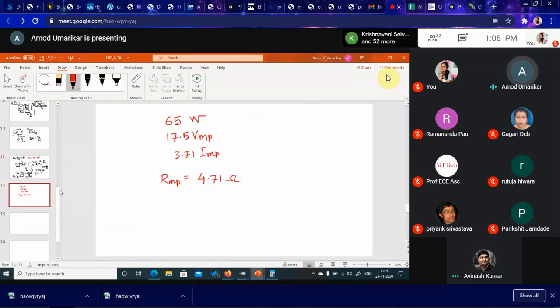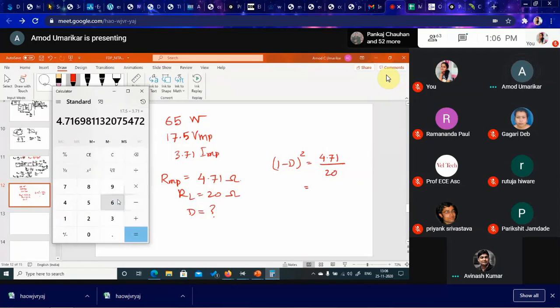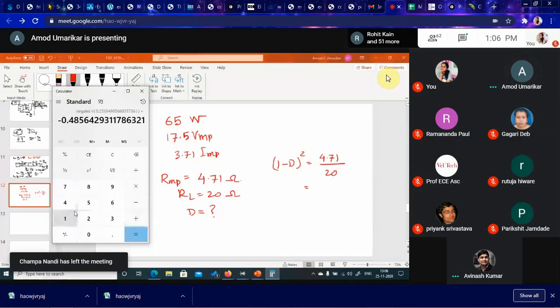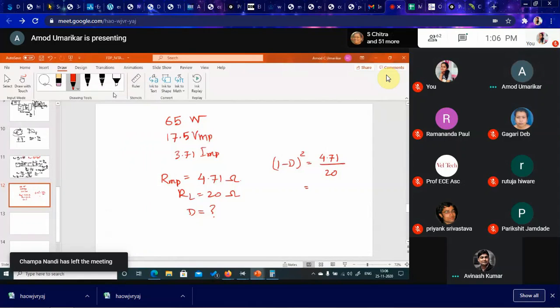So if RMP is given as 4.71 and RL is given as 20, then RMP = RL(1 - D)^2, so what will be D? (1 - D)^2 = 4.71 upon 20, its square root, and then D = 1 minus that. So D comes around 0.5.